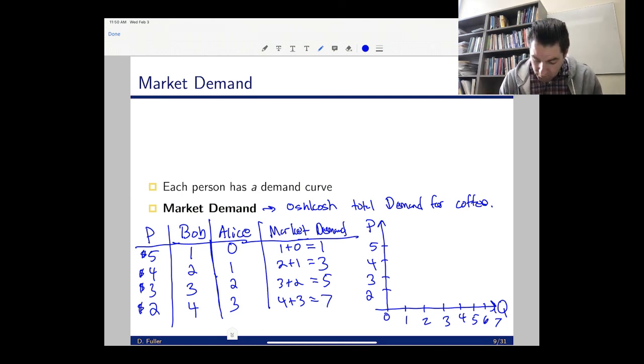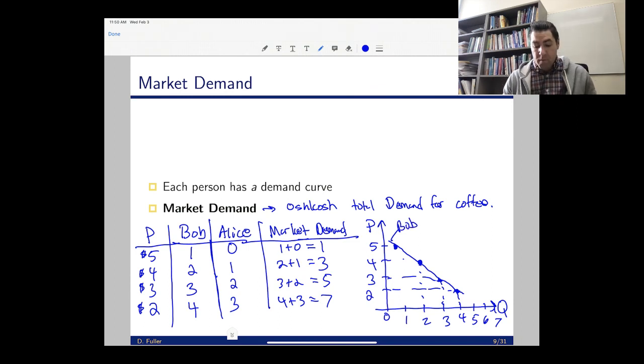Here's Bob: 5 is 1, 4 is 2, 3 is 3, and 2 is 4. And here's Alice: 5 is 0, 4 is 1, at price $3 it's 2, at $2 it's 3. So here is Alice.